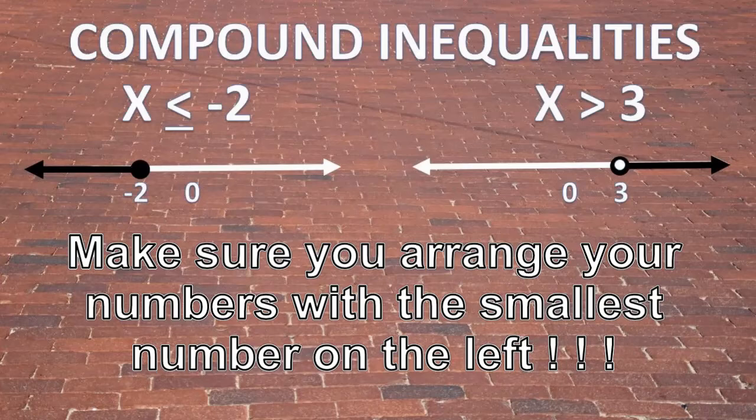All quantities less than or equal to negative 2 would be shaded. On the x greater than 3, we would place an open dot over the 3 and the arrow would shade to the right. All quantities greater than 3 would be shaded.